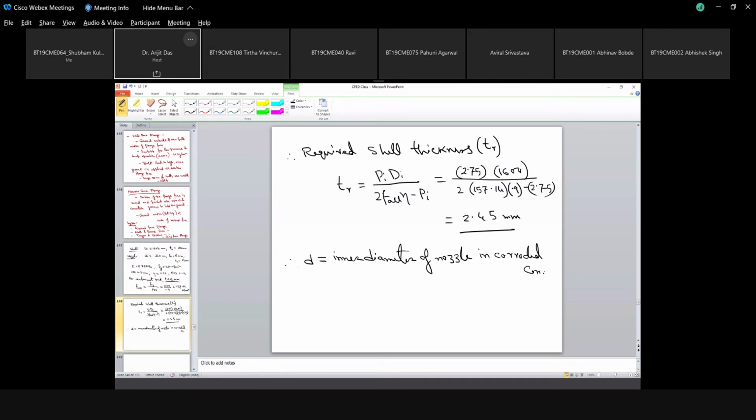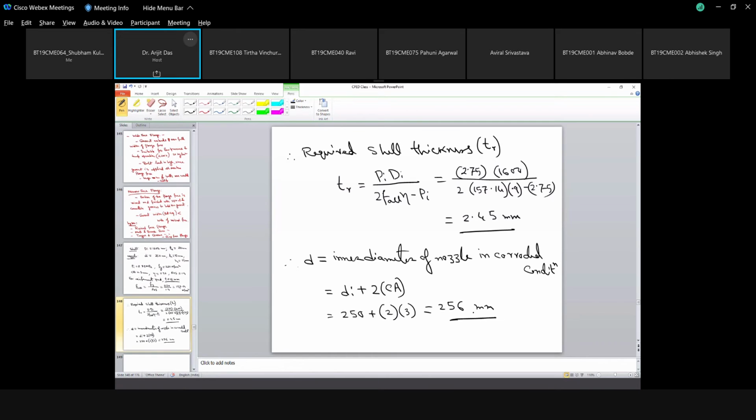That means D equals Di plus 2 into Ca, and that is equal to 250 plus 2 into 3, that is 256 millimeter. So D is known.